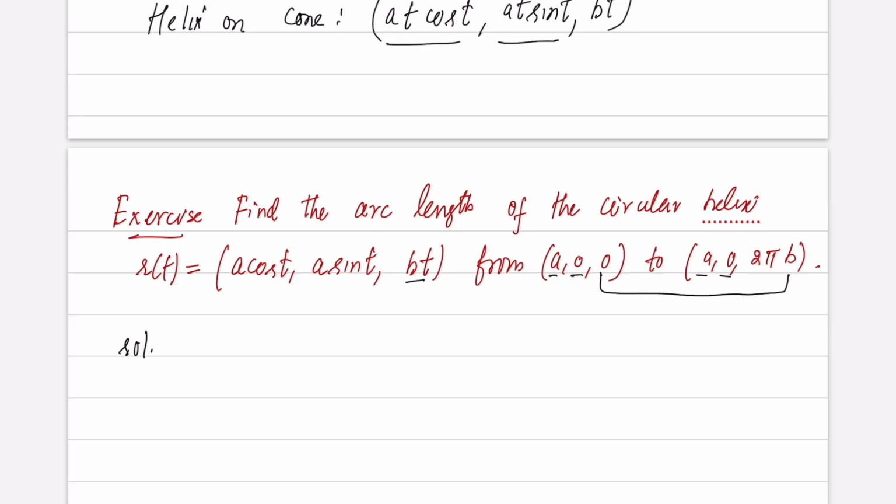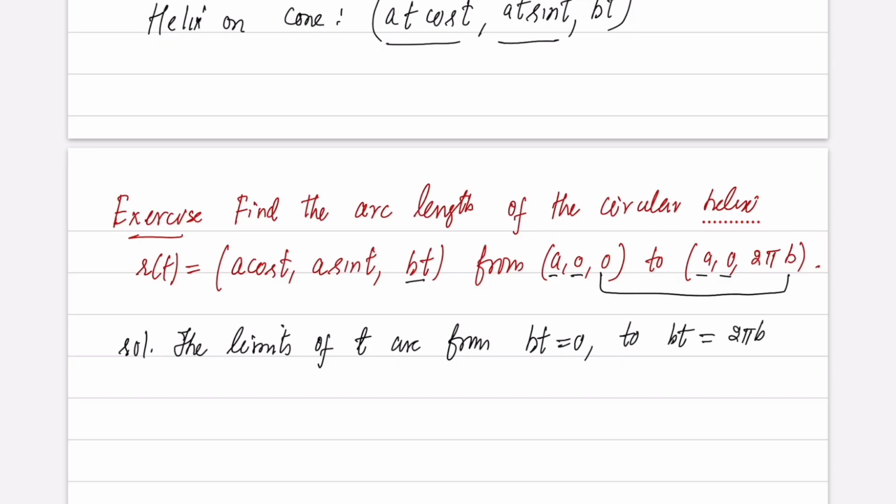So first of all, we need to find the limits for the integration and use them in the formula for finding the arc length. The limits of t are from bt equal to 0 to bt equal to 2 pi b.